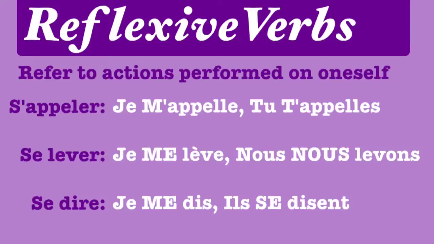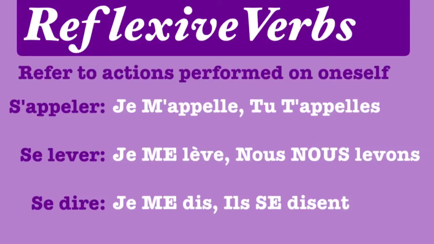We lift ourselves. And our third example, se dire, means to say to oneself, to tell oneself, or to think to oneself. So dire on its own means to say or to tell. And we have two examples, je me dis, I say to myself, where me means myself, and ils se disent, they say to themselves, where se means themselves.